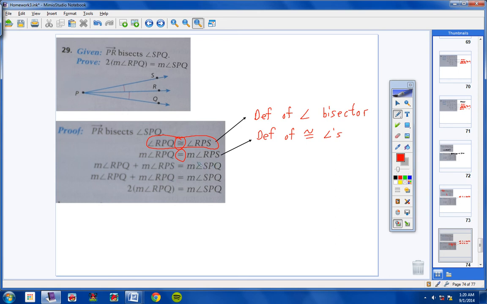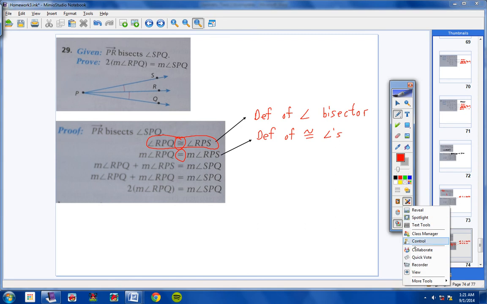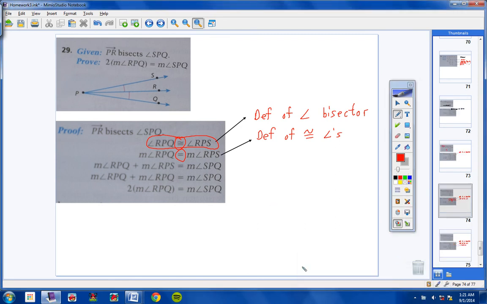Okay, now look what we do next here very carefully, okay? We're using angle addition. We have right here angle SPQ, and that's the big angle. Here's S, down to P, and down to Q. And look what they put.